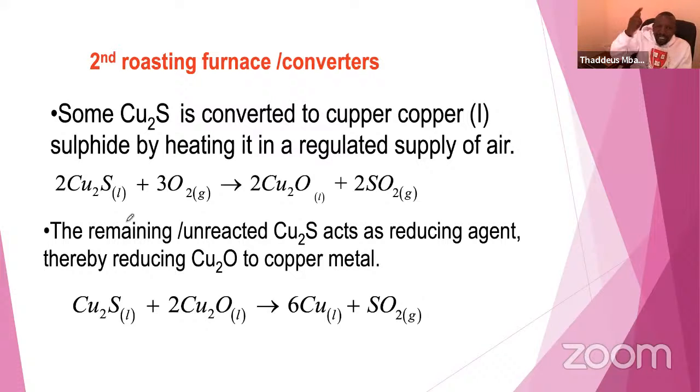The sulfur oxide now is lost. Then the remaining copper 1 sulfide reacts with the copper 1 oxide formed under what we call a self-reduction process to form copper metal plus sulfur 4 oxide. This copper metal formed here is called the blister copper. Any question?